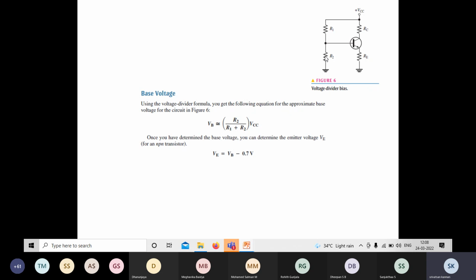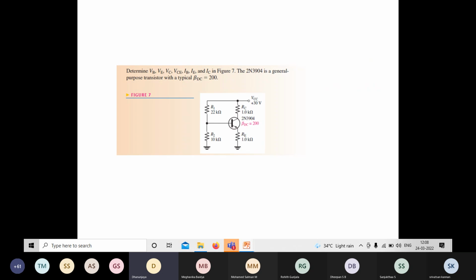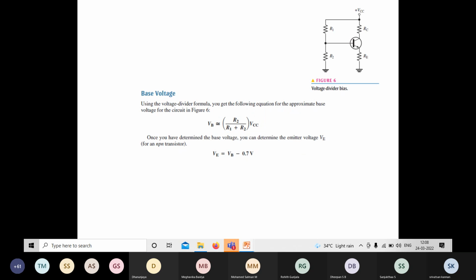Similarly, we need to forward bias the input junction. Here the base is what type of material? It is NPN, so the base is connected to the positive supply, so it is forward biased. The current will flow through this resistor R1 to the base, so that will be the base current. From R1 at that junction, the current will again divide to R2.